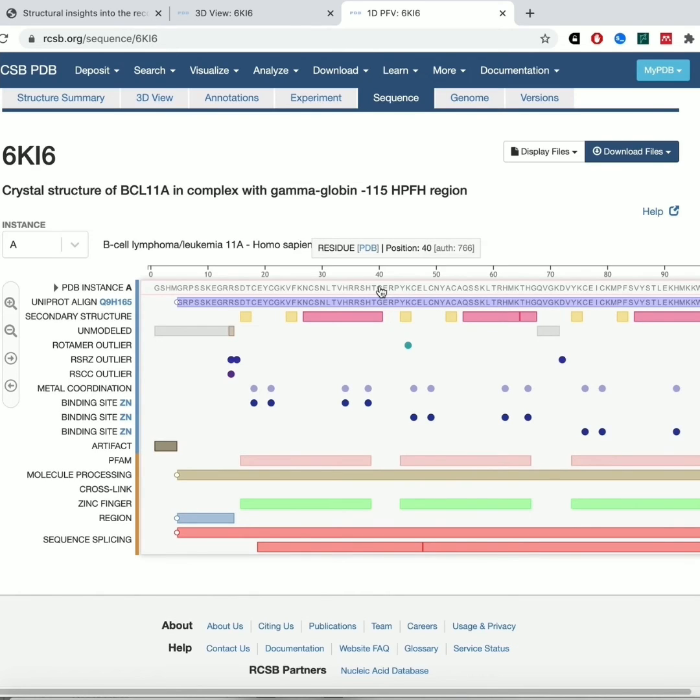Those are different because this is just a portion of the protein. The PDB numbering starting from 0 is different from the numbering in the full-length protein, which is why you see 40 versus 766, because in the paper we were only looking at that one region of the protein.